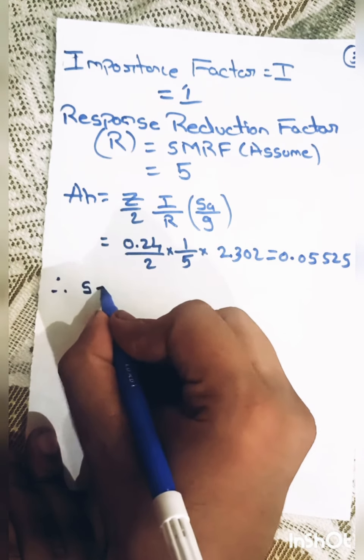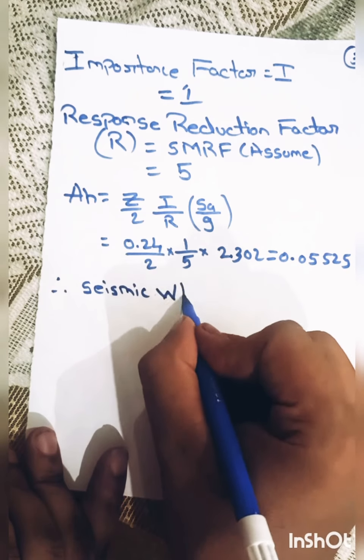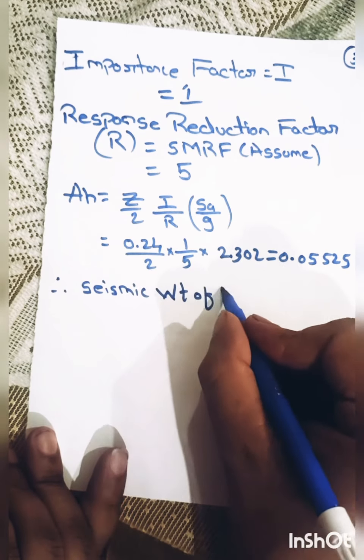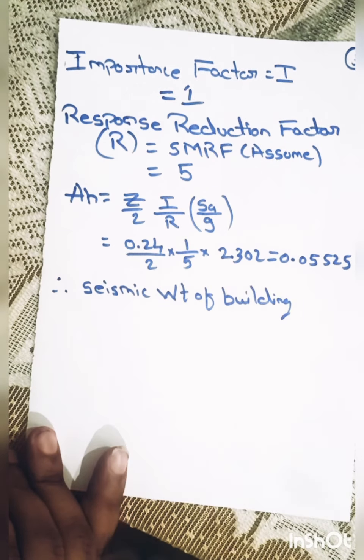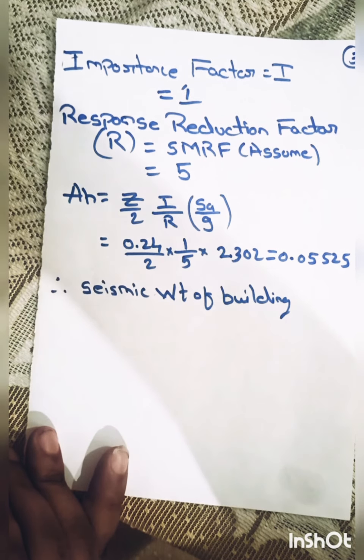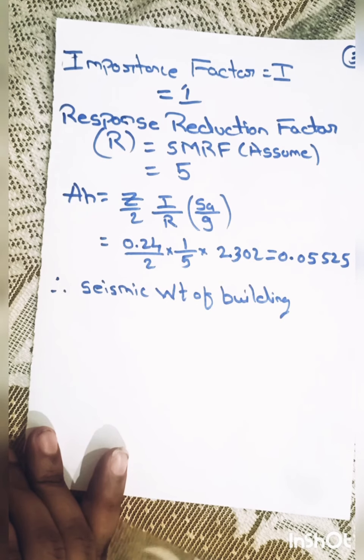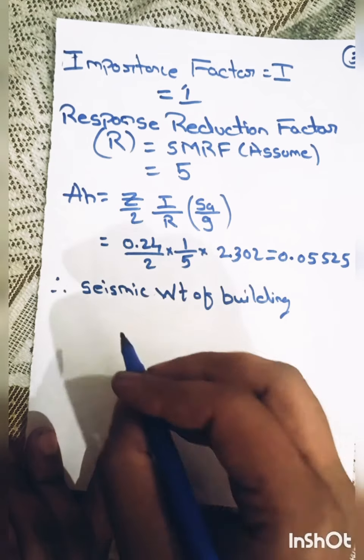So seismic weight of building. Here the weight is directly given. If the weight is not given, they will give you the dimensions, and we need to calculate the weights along each floor. Right now in this problem, all the weights are given for each floor.